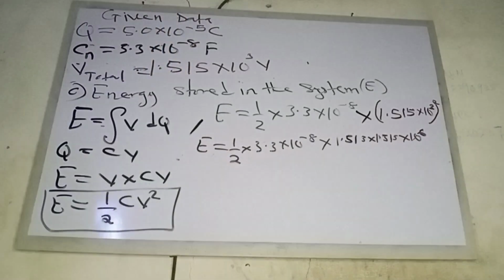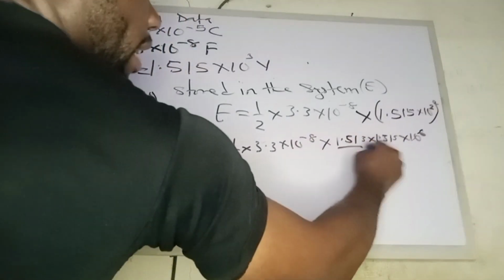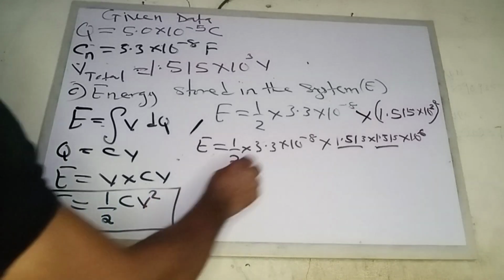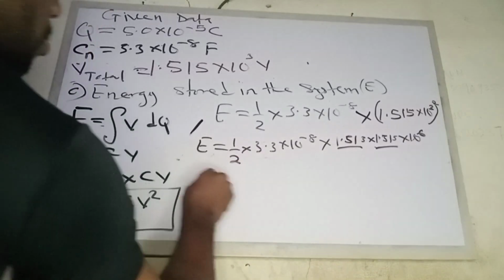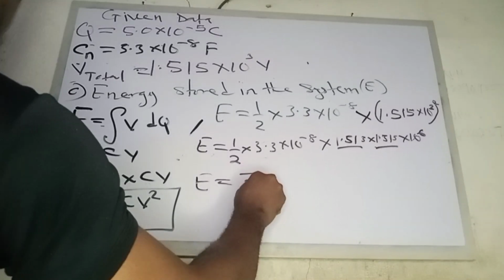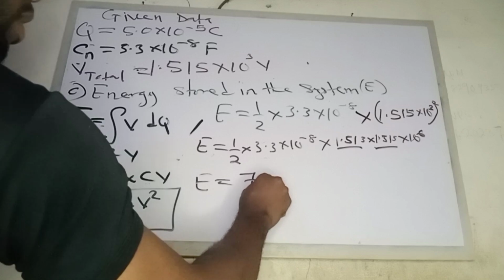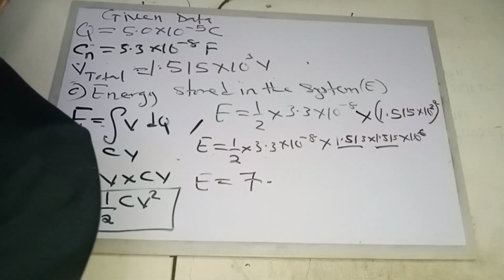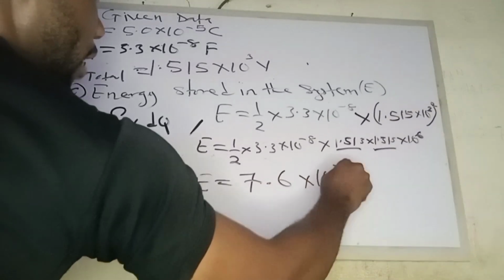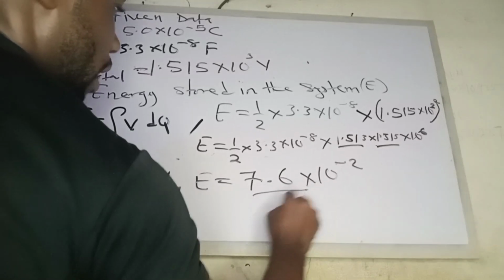So when you multiply all of these, we're going to arrive at an answer of 7.6 times 10 raised to the power of minus 2 over 2.